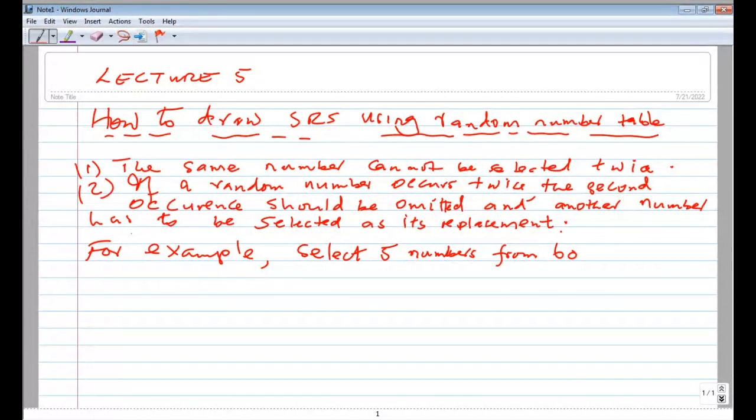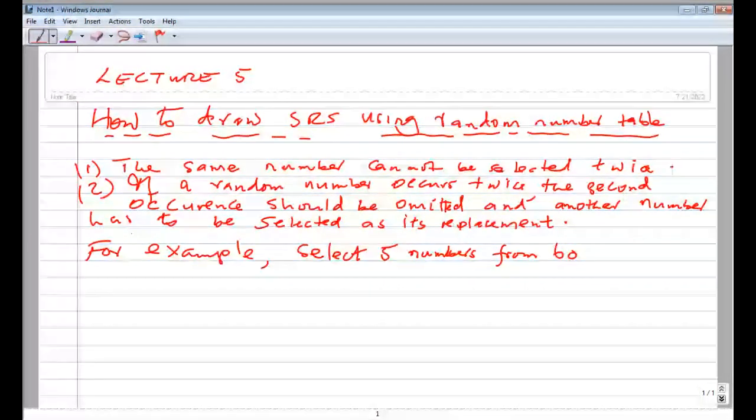Let's say you have a population of 60 numbers, and we just want to select 5 of them. How do we do that using a random number table? Let's consider example 3.3 on page 12 of the lecture notes.